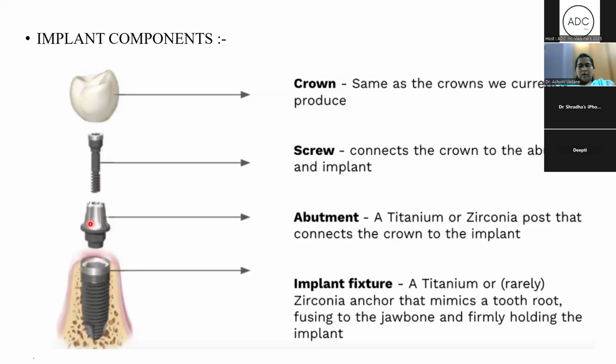Then the abutment is a titanium or zirconia post that connects the crown to the implant. Finally, in the bone, this is the implant or implant fixture. It is a titanium or zirconia anchor that mimics a tooth root, fusing to the jawbone and firmly holding the implant. So these are the implant components.